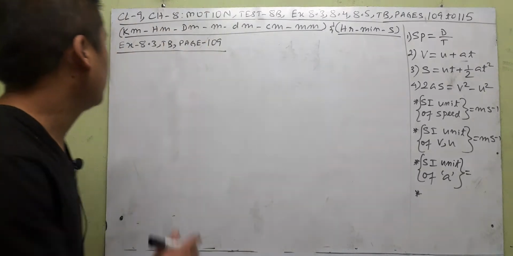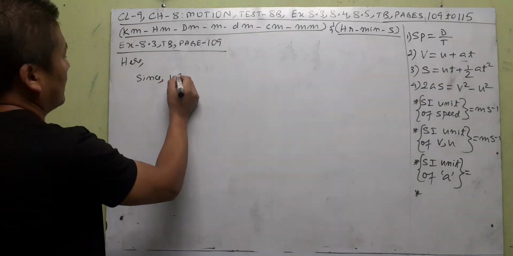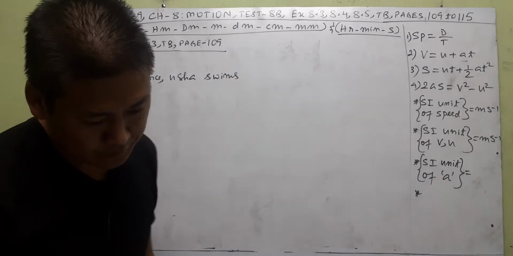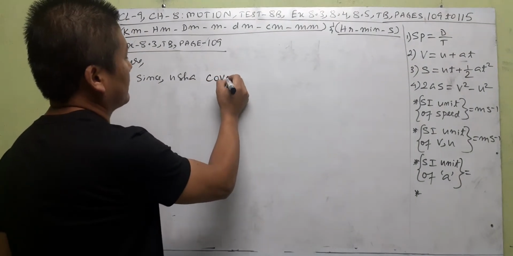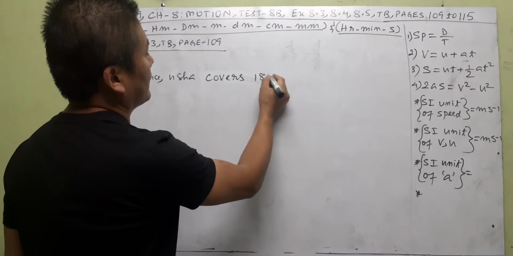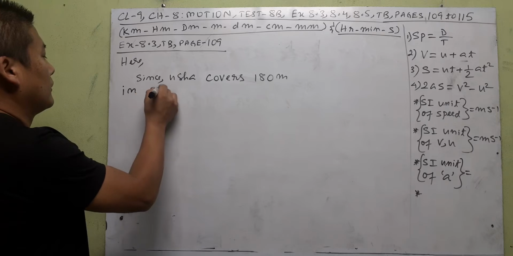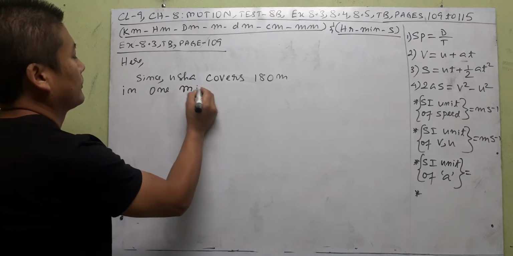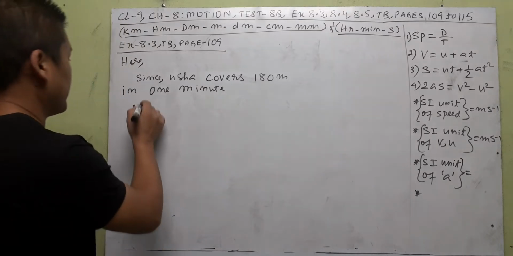Okay, so here, since Usha covers 180 meters in 1 minute, that means, therefore, the average speed we can easily get from here.